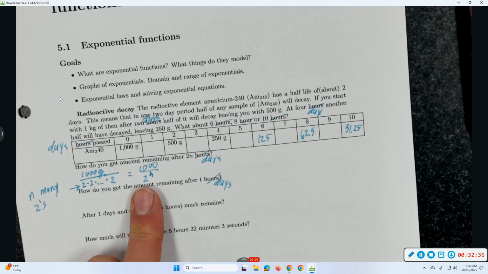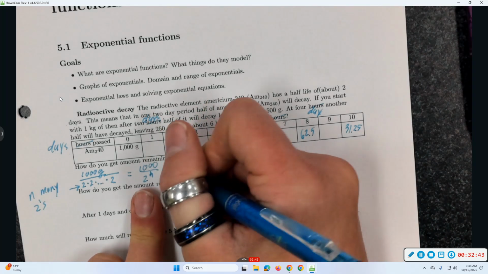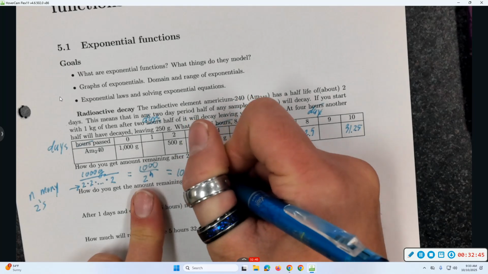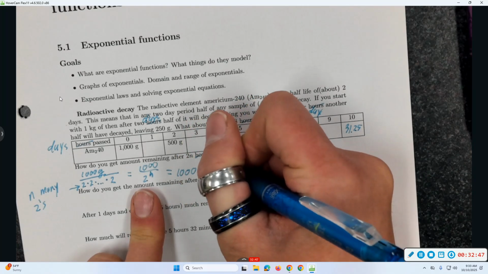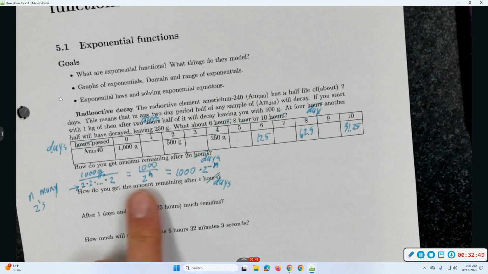It's also useful to think about negative powers. Another way that's written, just another notation that means the same thing, 1,000 times 2 to the negative n. Right, if you want to divide by 2 a bunch of times, that's the same thing as anti-multiplying by 2 a bunch of times. So negative powers correspond to division.